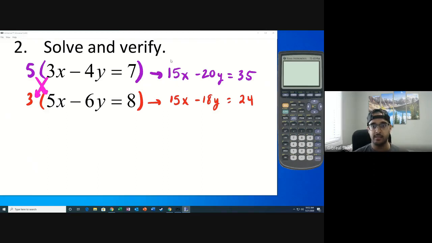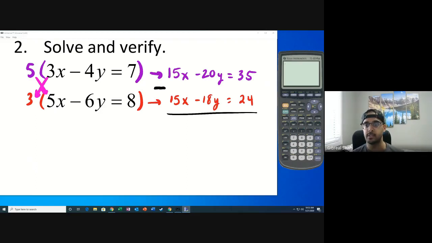Now, the signs of those coefficients, they're both positive, which means the only way to eliminate here, if the signs are the same, is with subtraction. So we're going to subtract these two equations. So 15x minus 15x, 0 x's, negative 20 minus negative 18. Okay, the negatives are sometimes an issue, so don't feel proud.